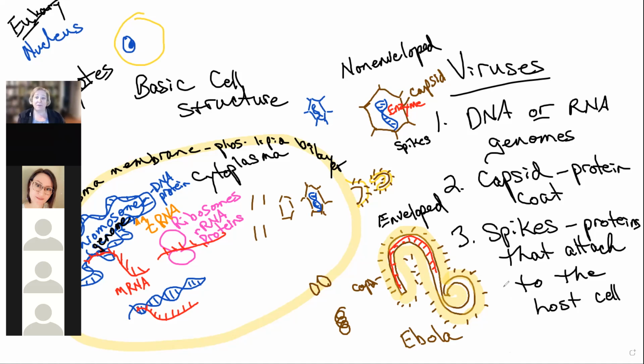Yes. For this class, I do want you to know three different kinds of capsid shapes. So there is the icosahedral or 20-sided die shape. There's the helical shape, and they don't always bend around like this.